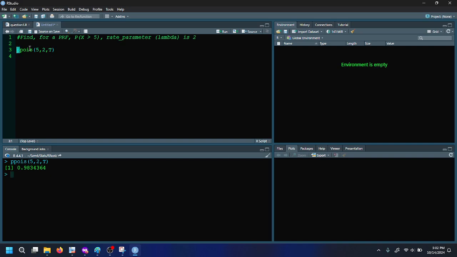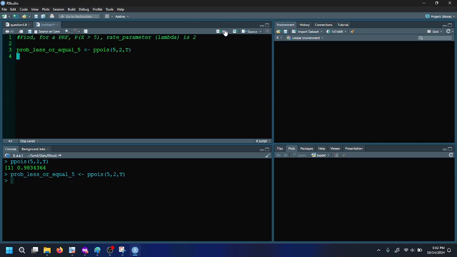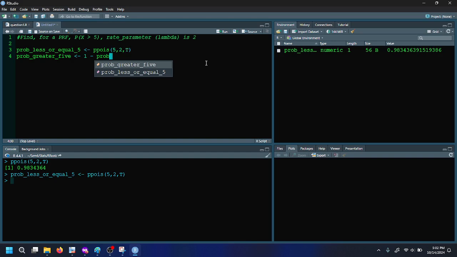This is the probability of less than or equal to 5, and I save that to an object. Then the probability greater than 5 would simply be 1 minus that, by the rule that we just established.